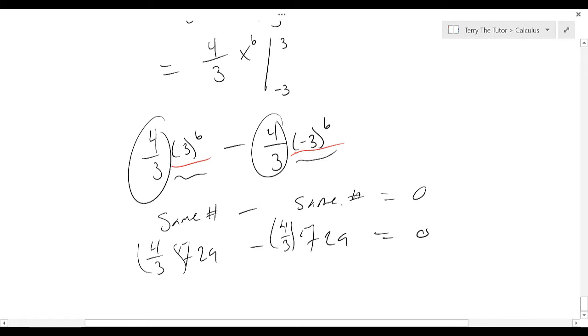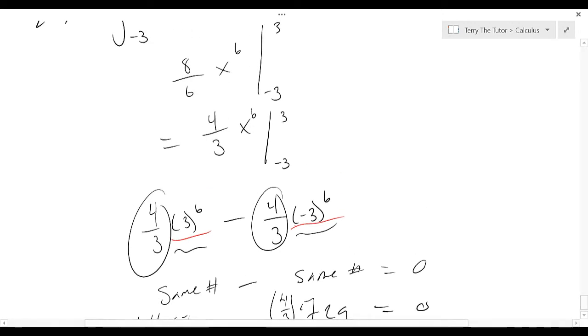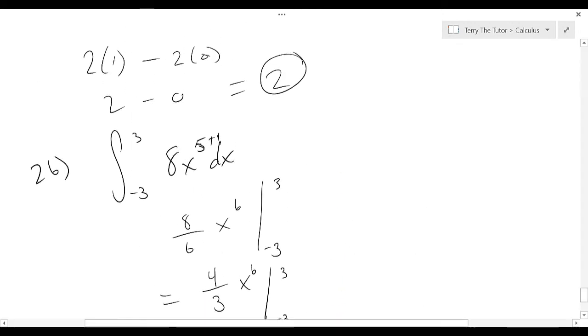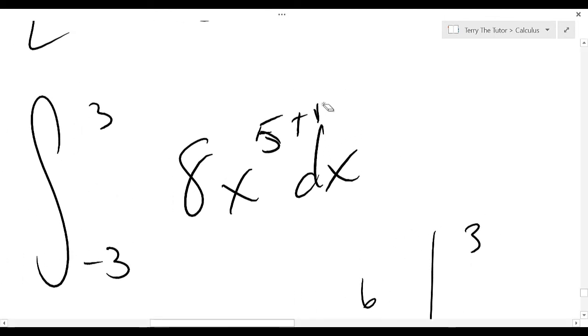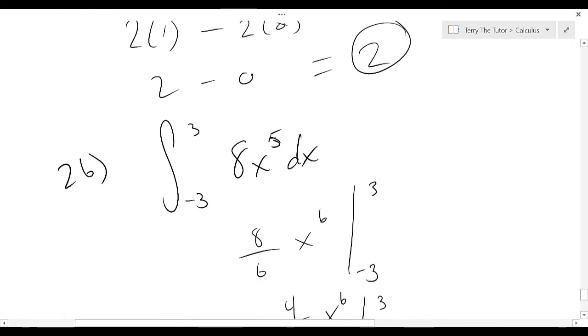And that's what I wanted to illustrate with this question. Back in college algebra, we learned about even and odd functions. Let's erase this plus 1. We learned that if anything is raised to an odd power, then it's called an odd function. 5 is an odd power. 5 is an odd number.